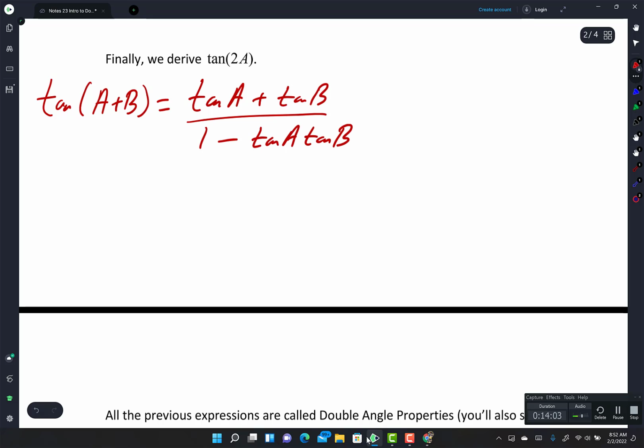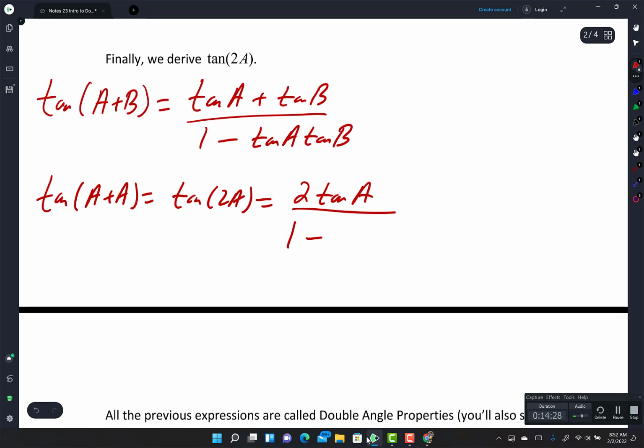Was that hard to remember? No, I can remember these. Yeah. So here's our hack. You see that b? I'm going to turn that into an a. So if I turn that b into an a, let's see what that gives us. So tan a plus a, now that's going to be tan 2a. So tan 2a is going to be, what is tan a plus tan a? 2 tan a. And then over 1 minus, what is tan a times tan a?